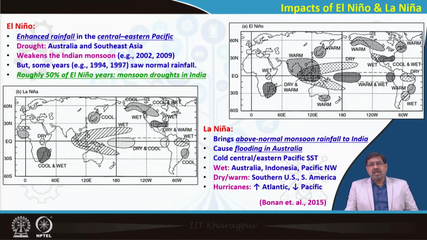Cold central and eastern Pacific regions, here sea surface temperature varies, and it is wet in Australia, Indonesia and the Pacific northwest region.